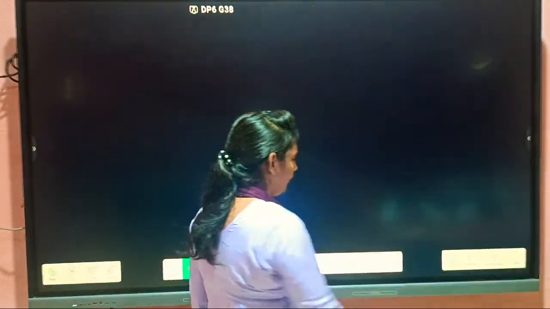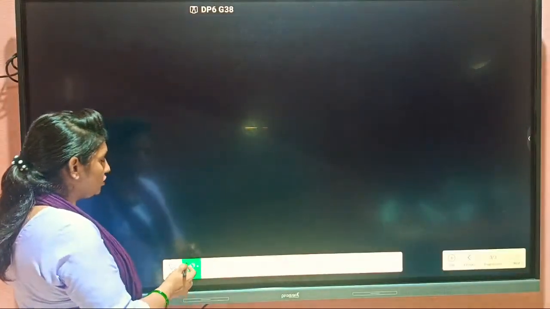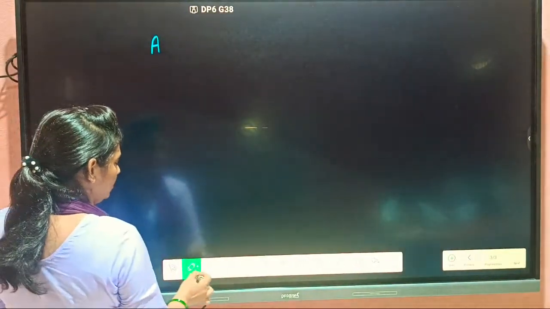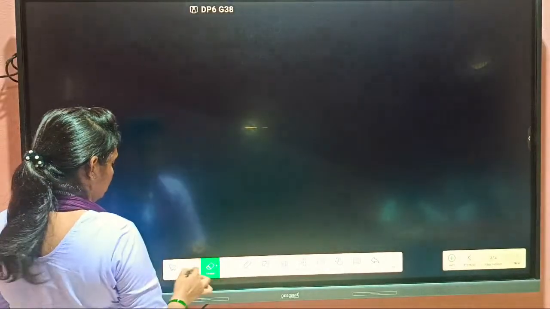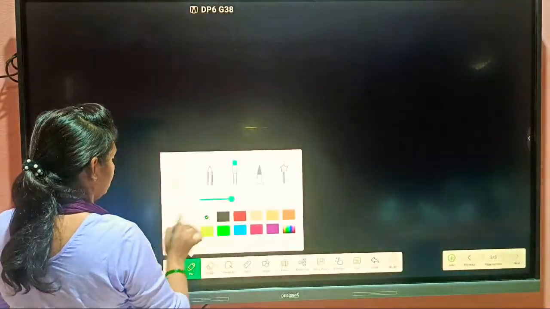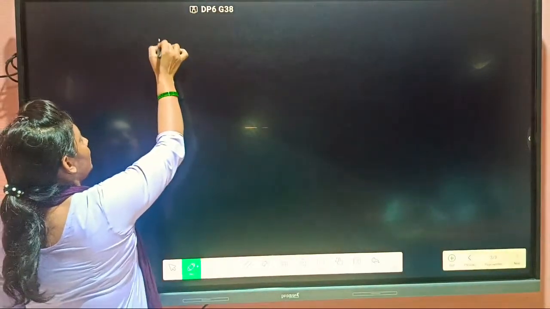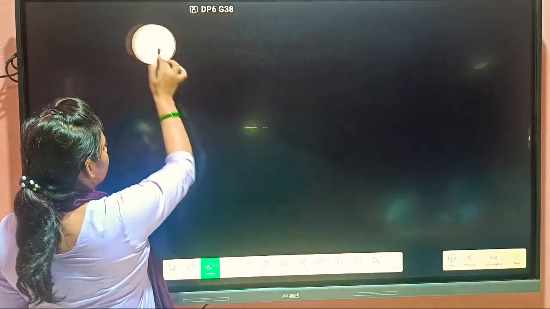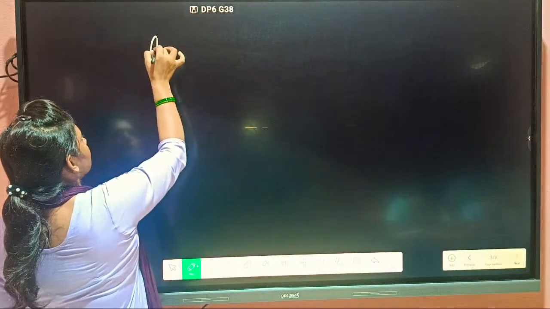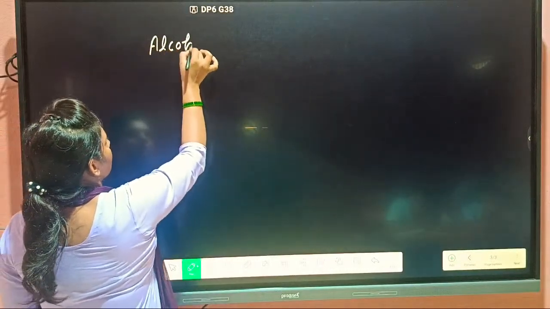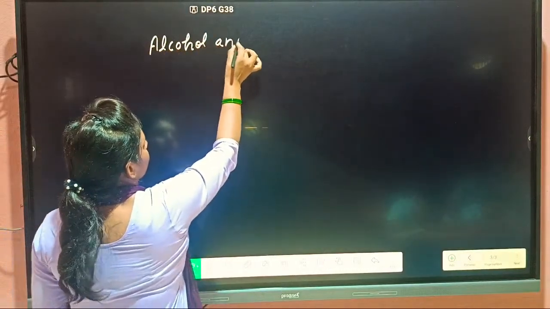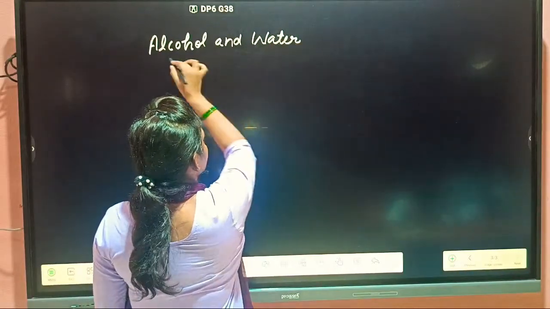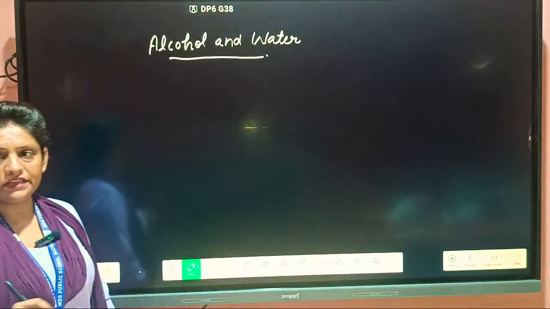We can have molecules of different types also, like hydrogen bonding between alcohol and water. What is alcohol?